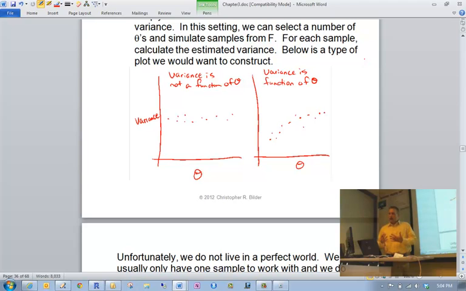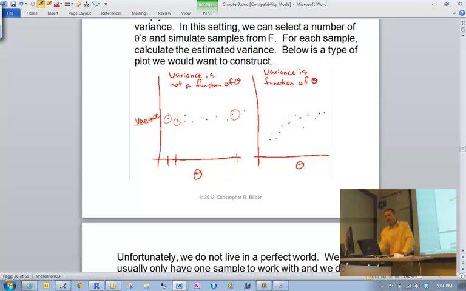Well, we could, for a particular value of theta, suppose it's on a plot here, suppose it's a low value of theta, simulate some samples of that, and then from that, calculate a variance. And suppose we get it right there. Suppose for another value of theta, let's say it falls here, we also get a variance. And we can keep on doing that for a whole bunch of different values of theta.